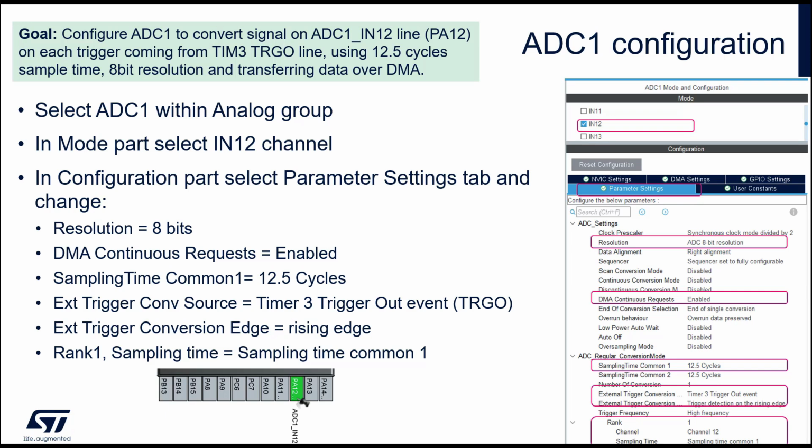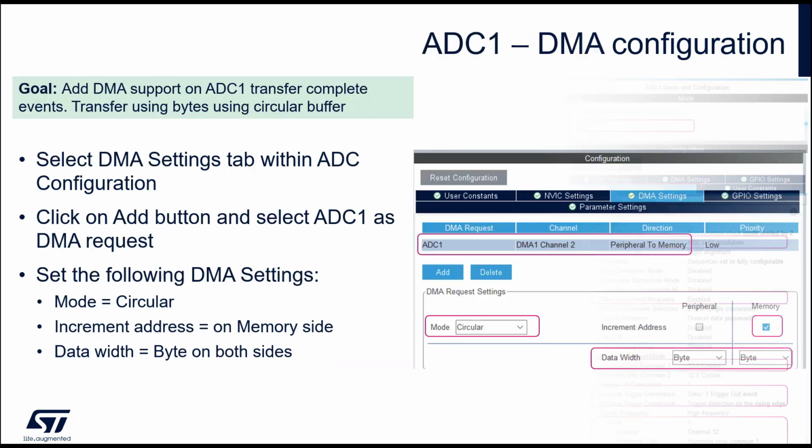After that, we will configure the resolution, enable the DMA, set a sampling time, and use the timer tree as a trigger source. We will keep the same also for the DMA. We will configure the mode in the circular one and set the data width in byte. And regarding the increment address, it will be set automatically.